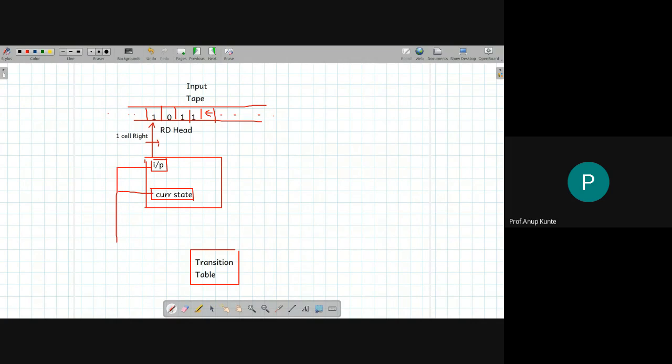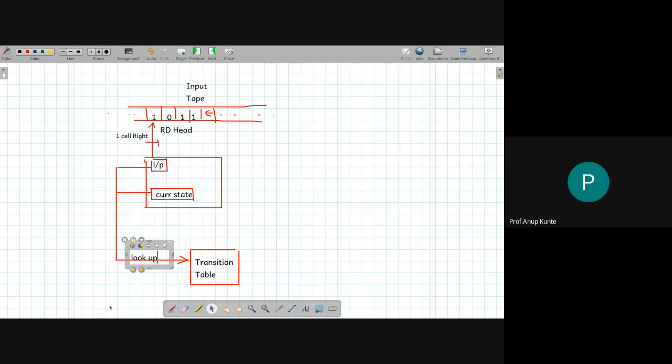Now these two things are combined together, and I do a lookup. The operation that we are defining right now is a lookup operation.